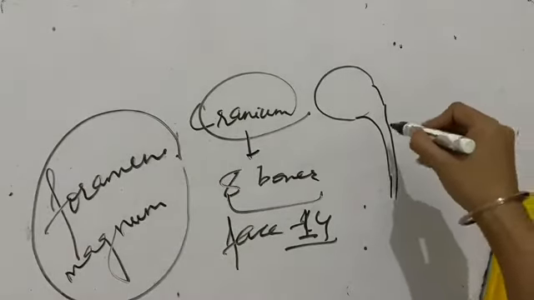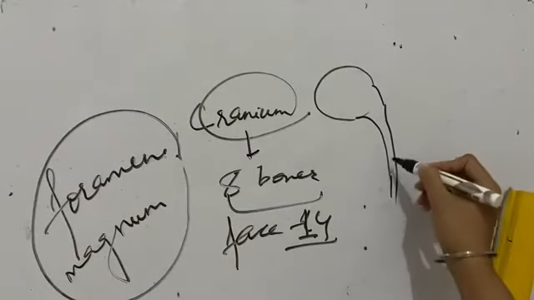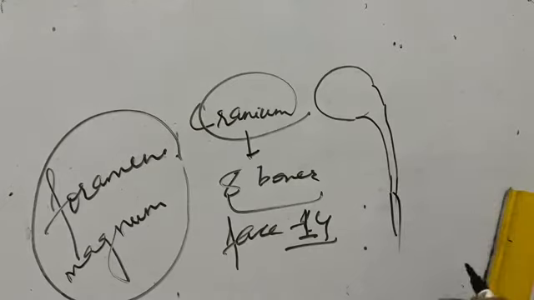When the spinal cord arises from the brain, and when it has to pass further, it comes out via this opening known as foramen magnum. So the skull has a cranium made up of 8 bones, then a facial region made up of 14 bones, and a large hole which is known as foramen magnum.